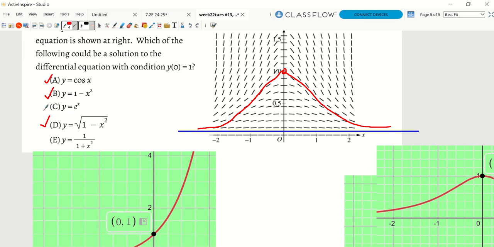This you definitely should know. The only one that might be troublesome is that one, and you just plug in. You know it's going to be a mirror image because of this x squared. Whether it's -1 or +1, you're going to get the same y value. Whether it's -3 or +3, you get the same y value. It's a huge hint right there for E.